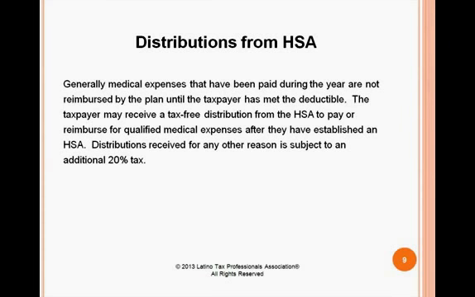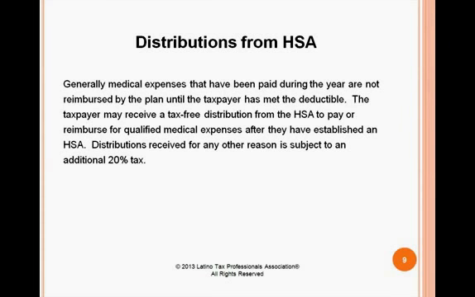Generally, medical expenses that have been paid during the year are not reimbursed by the plan until the taxpayer has met the deductible. A taxpayer may receive a tax-free distribution from the HSA to pay or reimburse qualified medical expenses after they have established an HSA. Distributions received for any other reason are subject to an additional 20%.